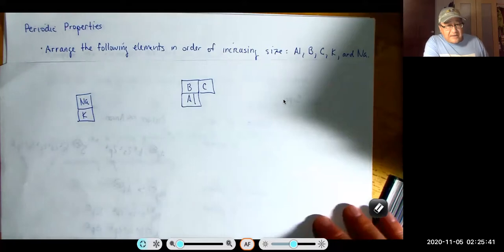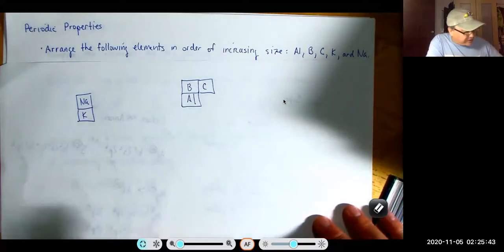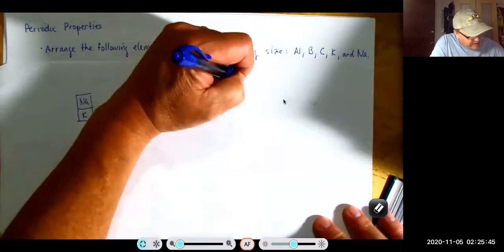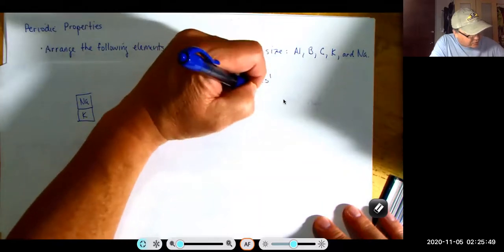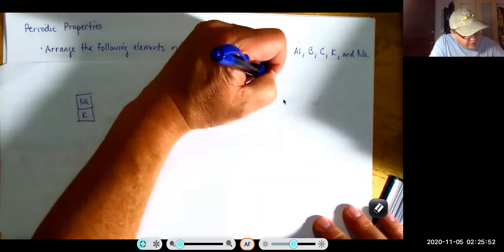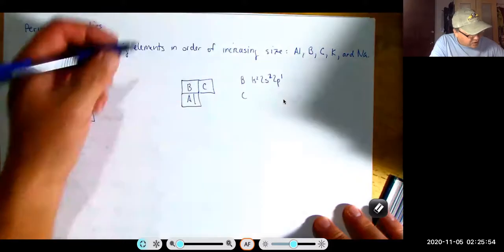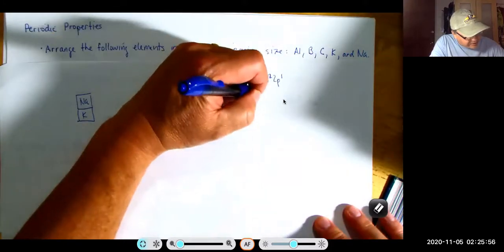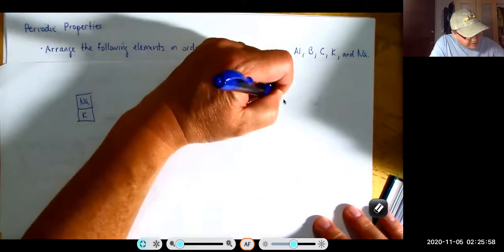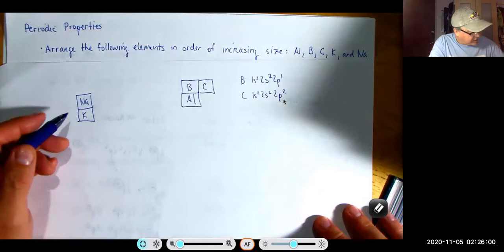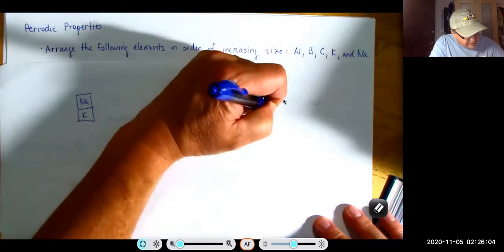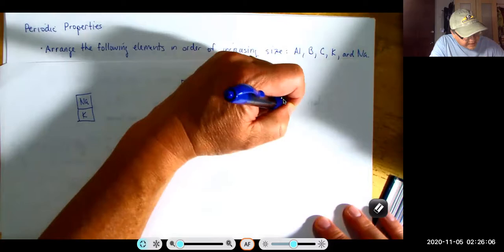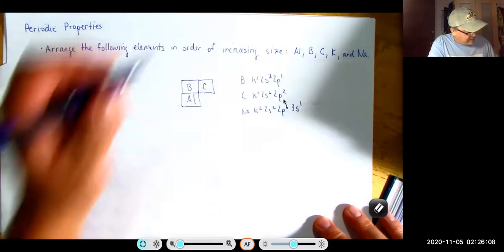Okay, so here I'm going to write out the electron configurations of each of these. Boron is 1s2, 2s2, 2p1. Carbon is 1s2, 2s2, 2p2. Sodium is 1s2, 2s2, 2p6, 3s1.